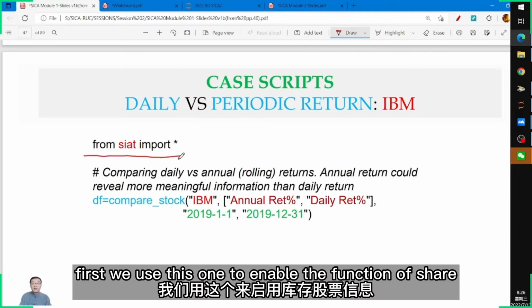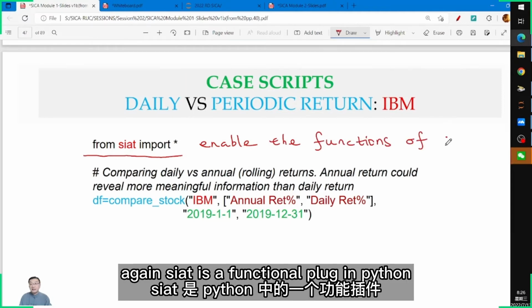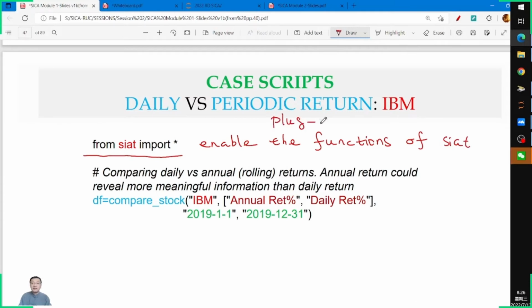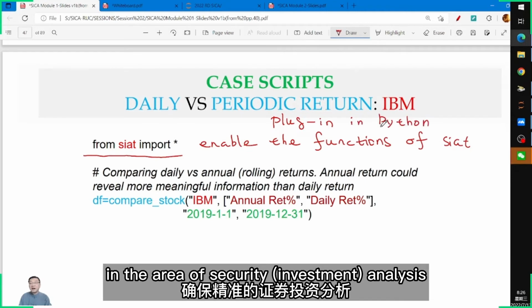First, we use this one to enable the function of CHEN. Again, CHEN is a functional plugin in Python. Its purpose is to enhance the functions of Python in the area of security analysis.